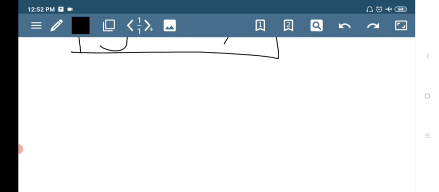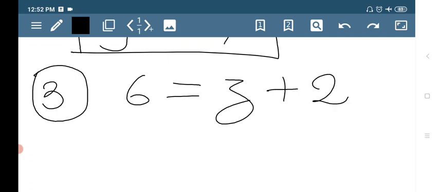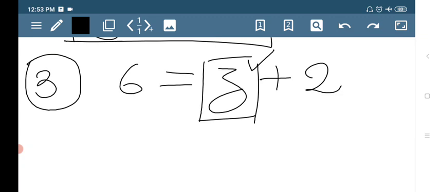Next, third question, 6 is equal to z plus 2. So who is the variable here? z is the variable. We need to find the value of z. In the above questions we were sending from LHS to RHS.